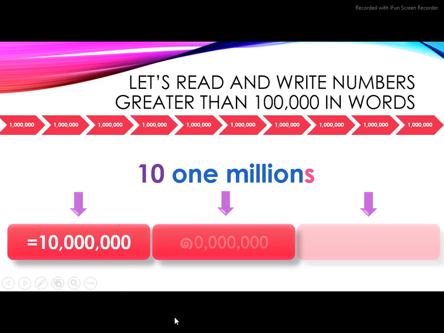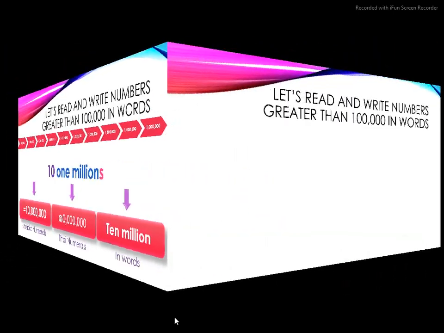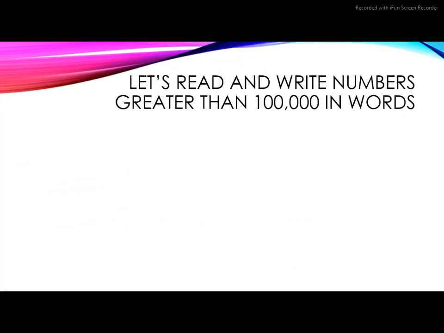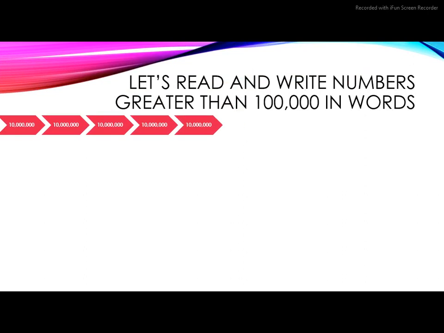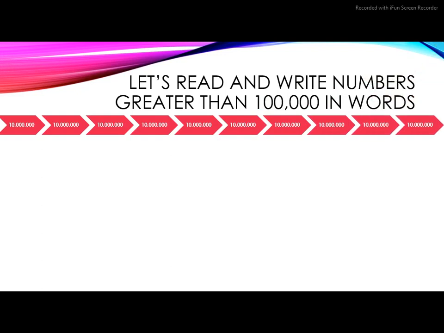This time, let's start counting by 10 million. 10 million, 20 million, 30 million, 40 million, 50 million, 60 million, 70 million, 80 million, 90 million, 100 million. Now we know that 10 millions is equal to 100 million.